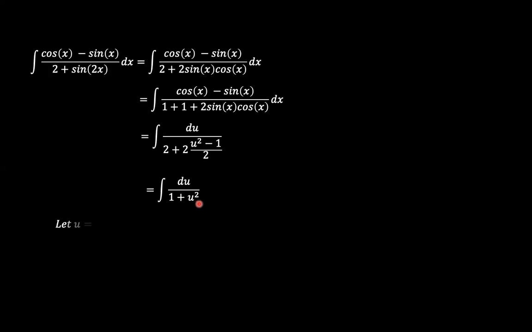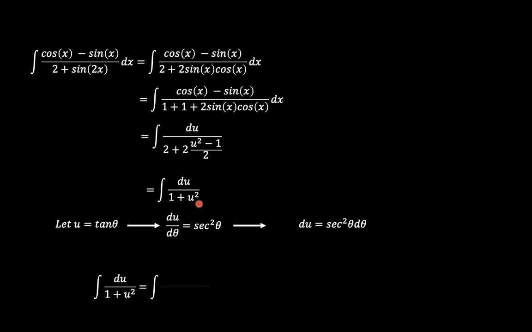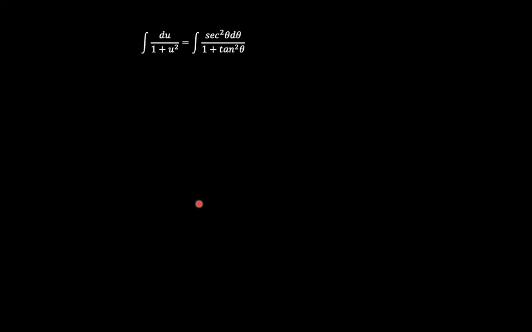And so if we let u be equal to tan theta, such that du d theta is sec squared theta, and so du is equal to sec squared theta d theta. Our integration of 1 over 1 plus u squared is the same as sec squared theta d theta over 1 plus tan squared theta. And so what that means is we have sec squared theta in the denominator, which cancels out the numerator, and so we are left with the integration of 1, and that is the same as theta plus c.